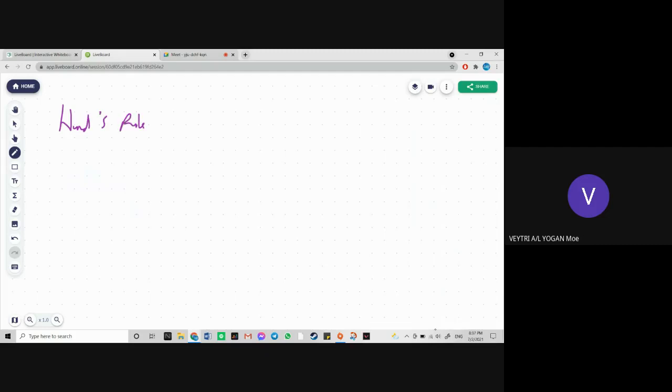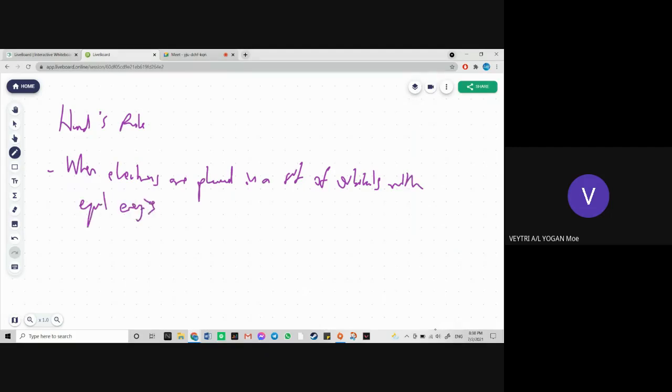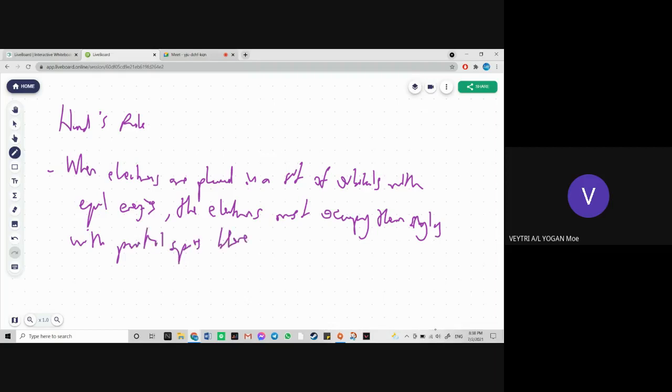When electrons are placed in a set of orbitals with equal energies, the electrons must occupy them singly, one by one, with parallel spins before they occupy the orbitals in pairs.